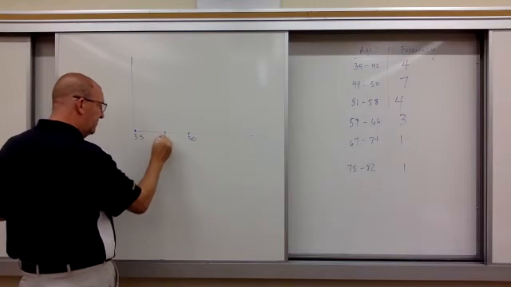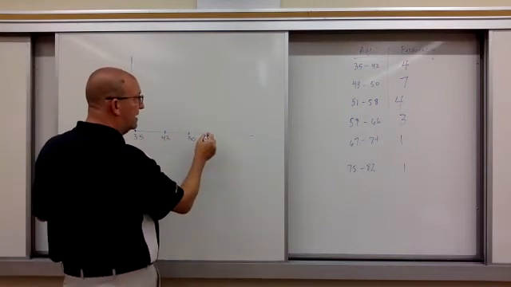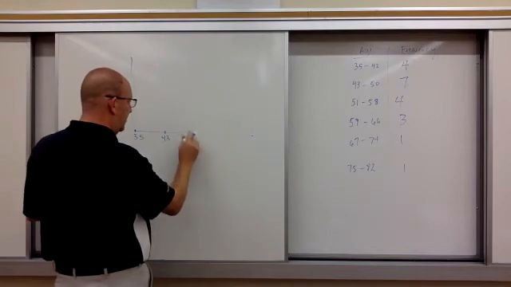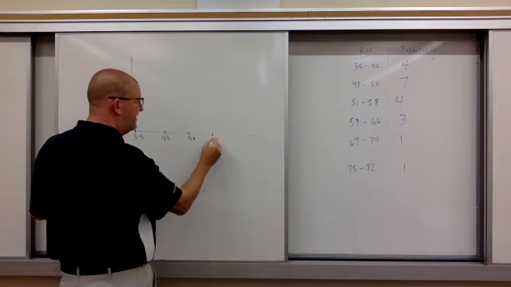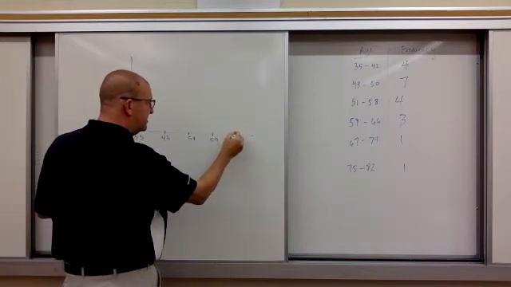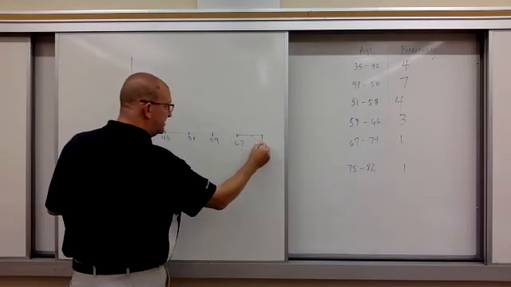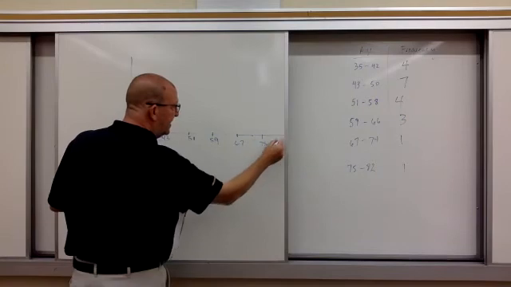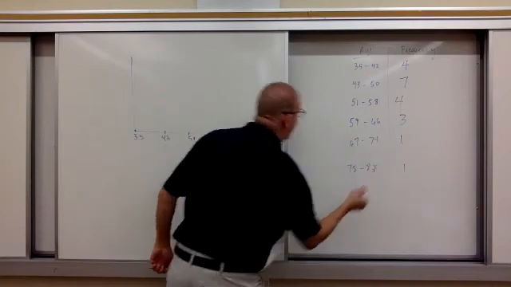So there's 35, 43. There's 51. Here's 59, sorry. Here's 67. Here's 75. And what did we say this one was going to be? 83. Sorry, it's 8. So that would be 83.